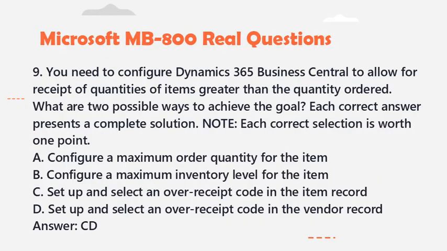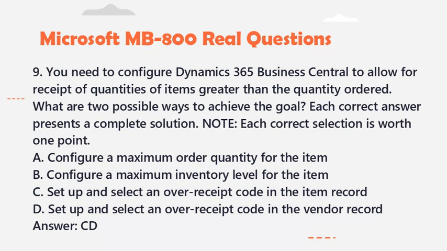9. You need to configure Dynamics 365 Business Central to allow for receipt of quantities of items greater than the quantity ordered. What are 2 possible ways to achieve the goal? Each correct answer presents a complete solution. Note: each correct selection is worth 1 point.